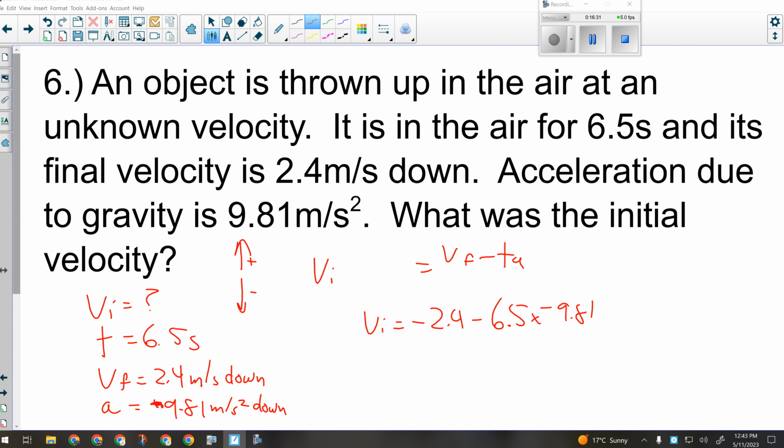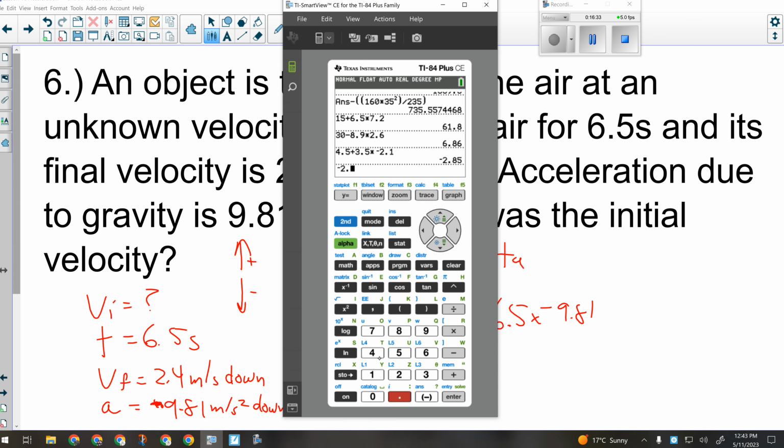So when we punch in our numbers here, negative 2.4 minus 6.5 times negative 9.81. I don't know who threw this, but they should join the major leagues, because that is about twice as fast as a normal person or even a major league pitcher could throw something.